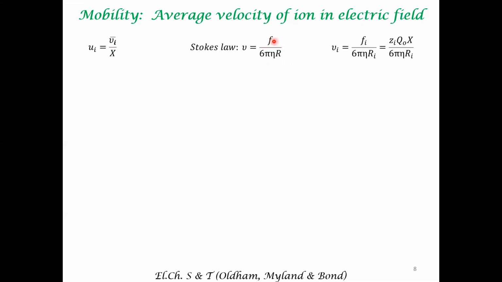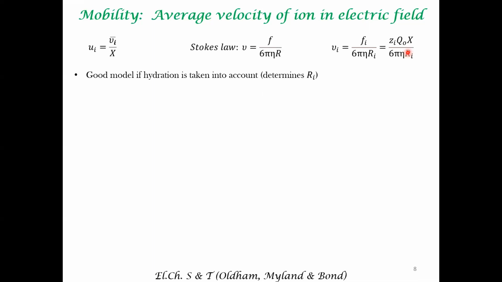The force on the ion is given by the valency times the elemental charge times the electric field. This is just from elementary electrostatics. You divide this by this particular term, and that will give you the velocity of the ion in the medium.